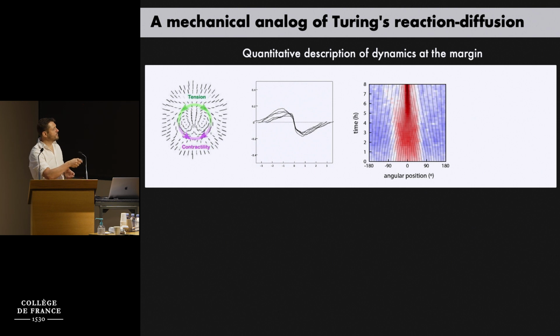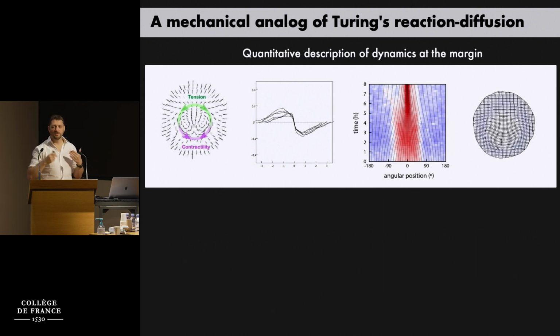This is exactly the same graph, except you're looking at the time here. The position 0 is the posterior. And we could see that the tissue at the posterior, in red, is constantly contracting. And the tissue at the anterior is constantly being stretched. That was very striking because the tissue is constantly moving.